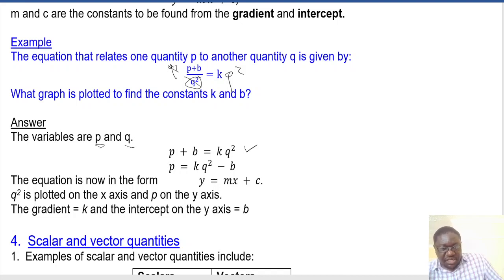That gives you p is equal to kq squared minus b, and then in the form y is equal to mx plus c, which means that k is analogous to m, and then minus b is analogous to c. So c is equal to minus b, and m is equal to k. I hope that makes sense.